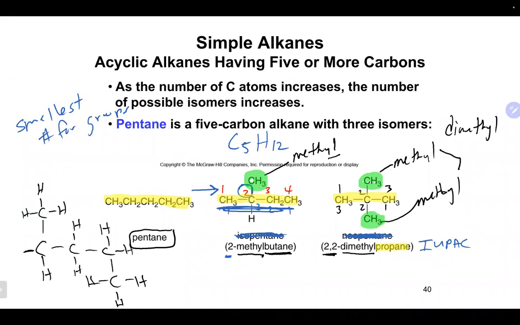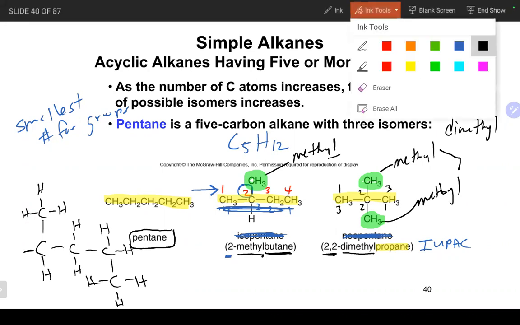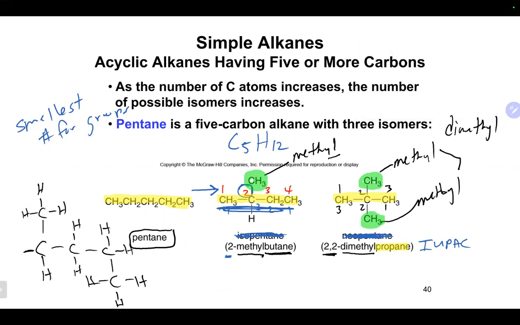Is this something different than something else I drew here? If we were to do our longest continuous carbon chain here, it would be 1 to 2 to 3 to 4 and to 5. So even though it looks all different drawn, it is still pentane. So these two are exactly the same. The only difference is you just drew it differently to make it look different, but it's really not.